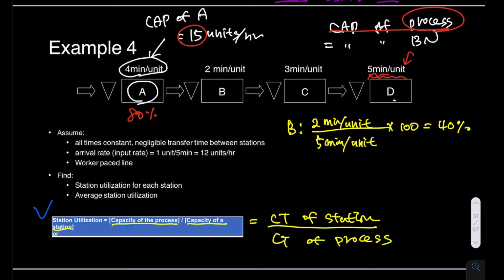Okay. And for C, what's the utilization? So let's try to find C. Out of 5 minutes given, you use only 3 minutes. So what is the utilization? You will get a utilization of, let me see, 60%.